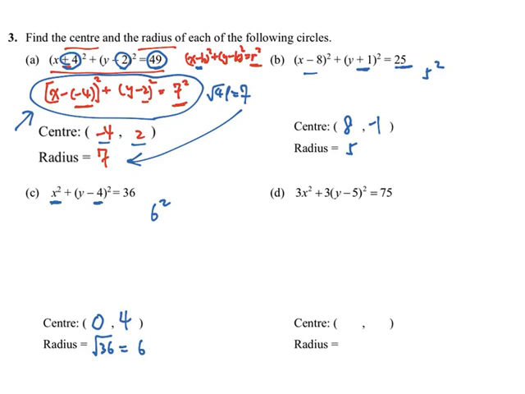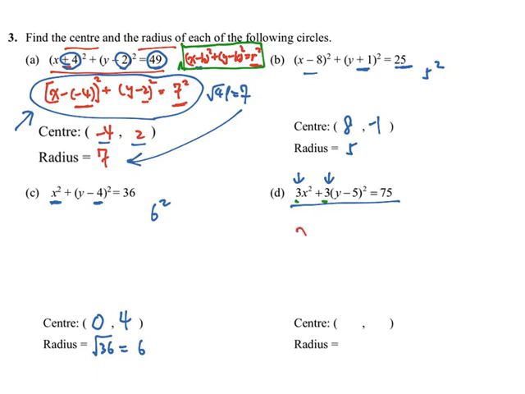Lastly, question D. You see, it is quite different. The coefficient is 3 for the x squared and y squared terms. As I said before, the standard form is like this, with no coefficient in front of x squared and y squared. So this one is quite redundant. So first step, we need to divide by 3 for the whole equation.